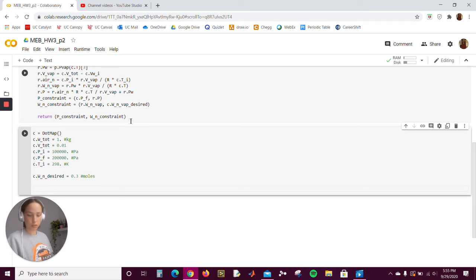So C dot T, because again, what we are trying to find is the final temperature and total volume. So T dot T is going to be a range. And our first guess can be like 350.